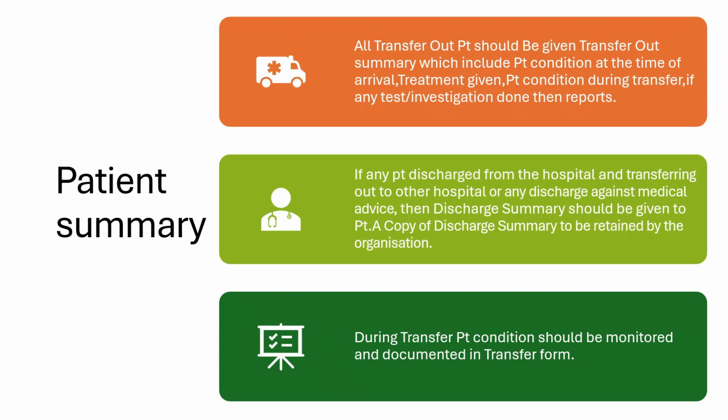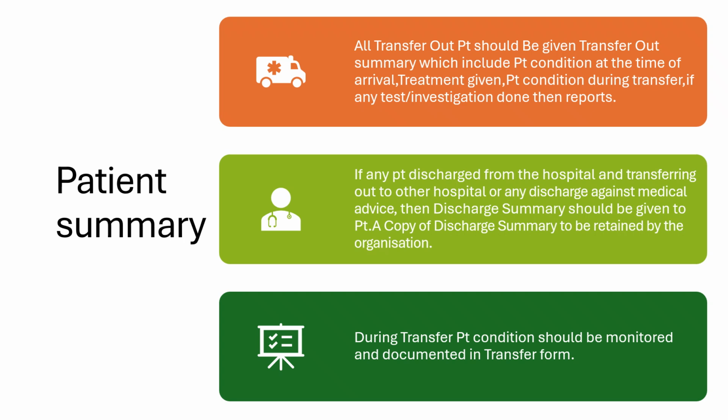If any patient is discharged from the hospital or transferred out due to unavailability of services, then a discharge summary should be given to that patient. If the patient is taking discharge against medical advice, you should also provide the discharge summary, and a copy of the discharge summary should be retained by the organization.